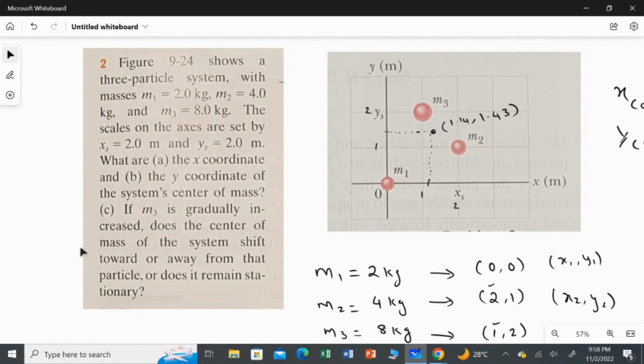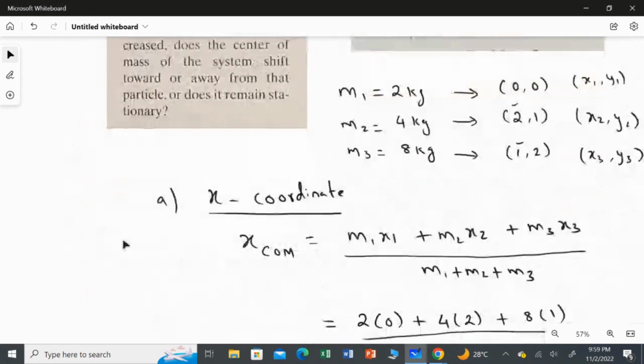What we studied in theory is that the center of mass of the system will always be closer to the massive body.